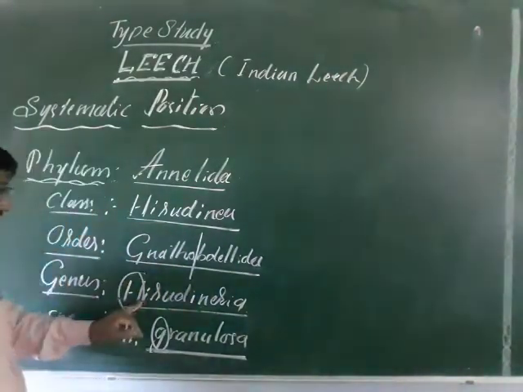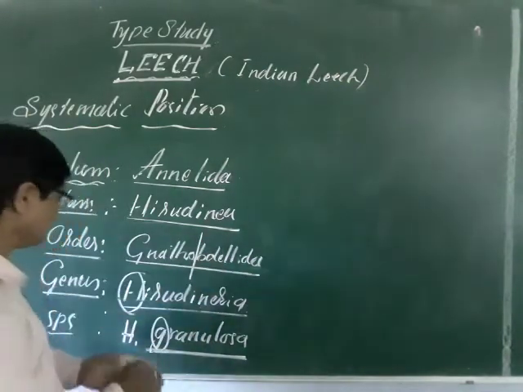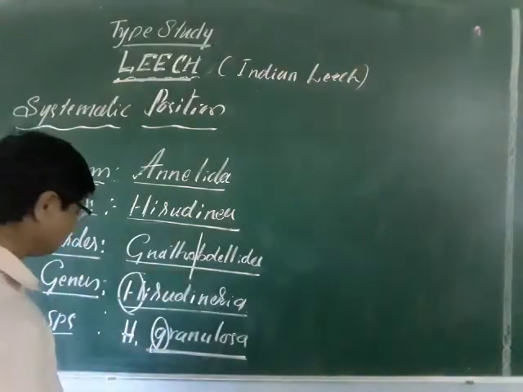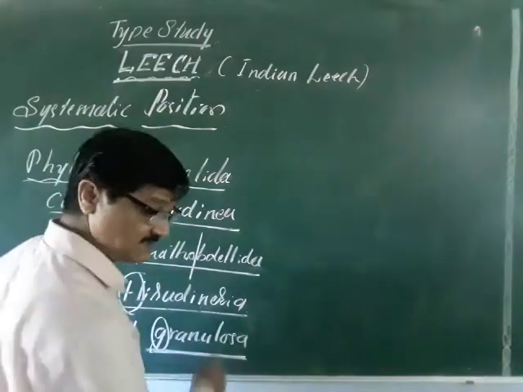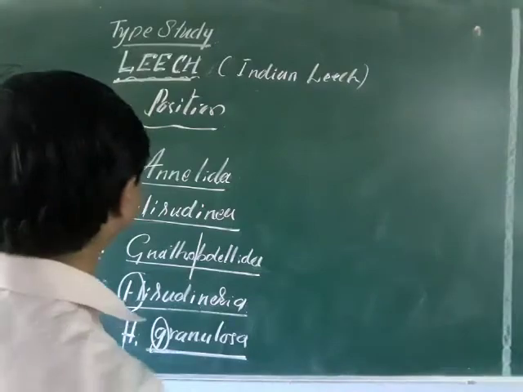The genus Hirudinea, due to the presence of the anticoagulating substance hirudin, and the species granulosa. There are roundabout 300 species. So this is called the systematic position.